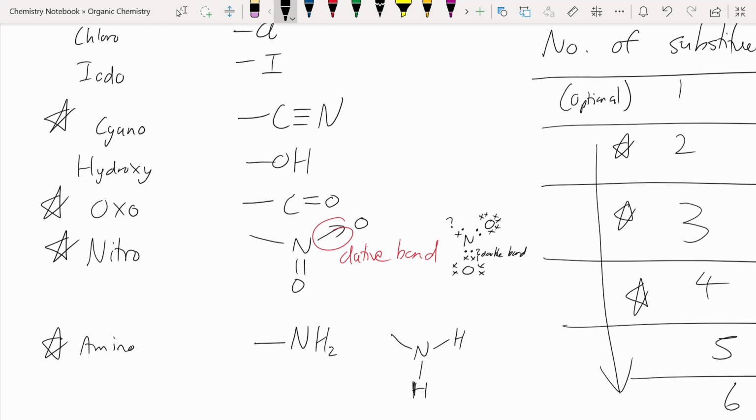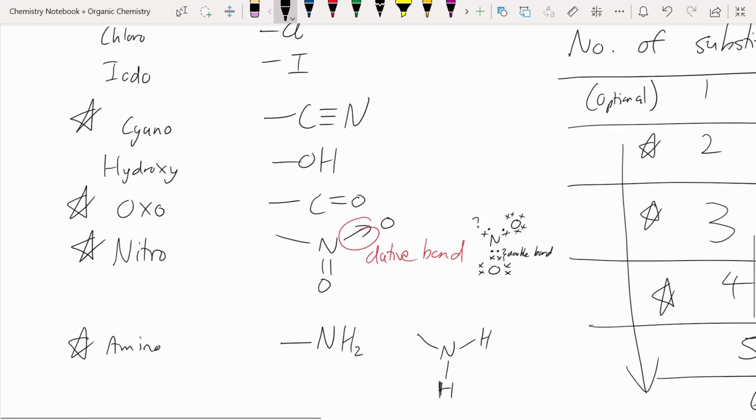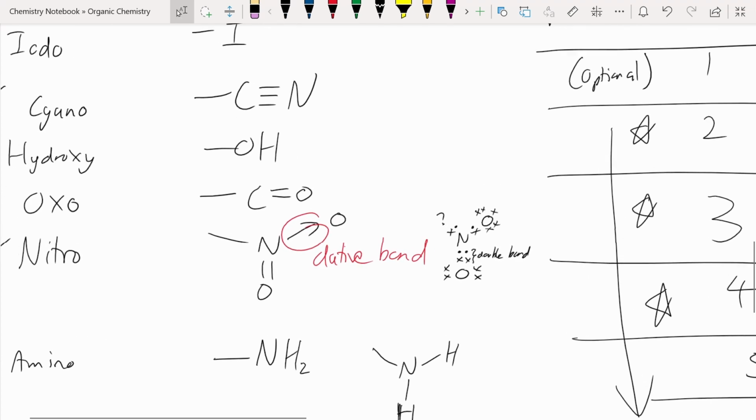And then if you change it to a single bond, then oxygen 1, 2, 3, 4, 5, 6. Oxygen has 6 valence electrons. If you have this nitrogen at 1 here, then it will not fulfill the stable electronic configuration. Yeah, so that's why there's a dative bond right there.